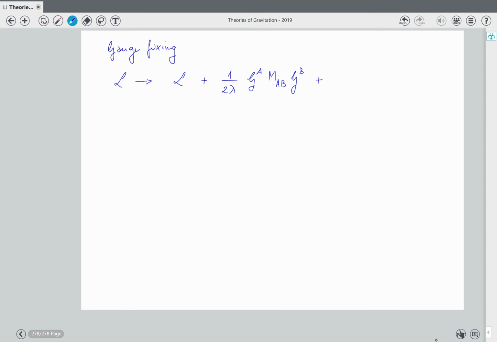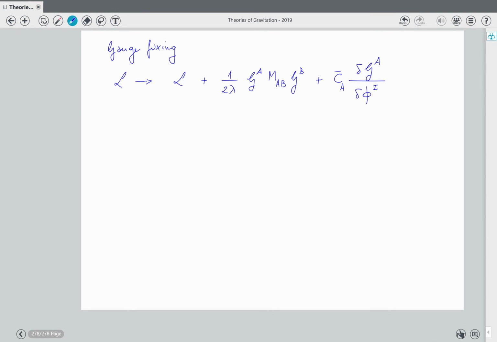And then you remember there is a ghost term, which will be the variation. So you can define some anti-ghosts with a lower index. And then you have the variation of your gauge fixing condition with respect to your fields. And the fields have their own indices, whatever they are.